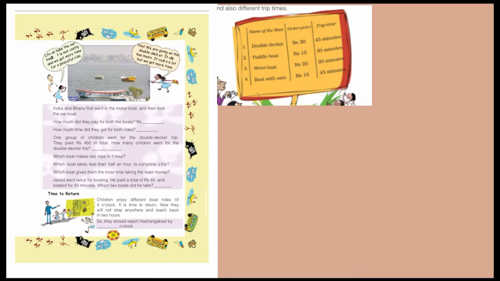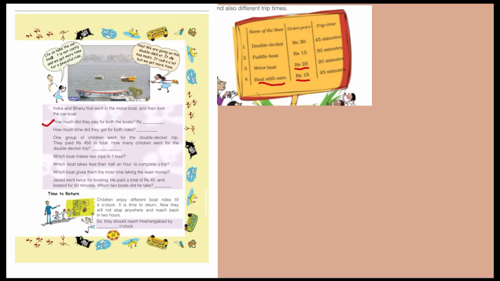Now our next questions are related to this boat ride. So what is the first question? Indra and Bhanu first went into motorboat, then took the oar boat. Now how much did they pay for both the boats? Now we have to find out here what is the price. Motorboat is rupees 25 and boat with oars is rupees 15.